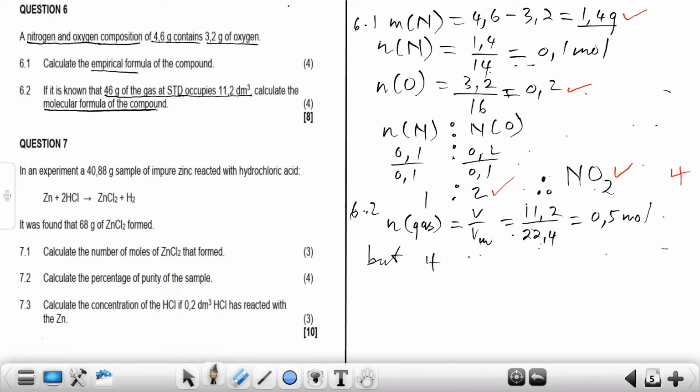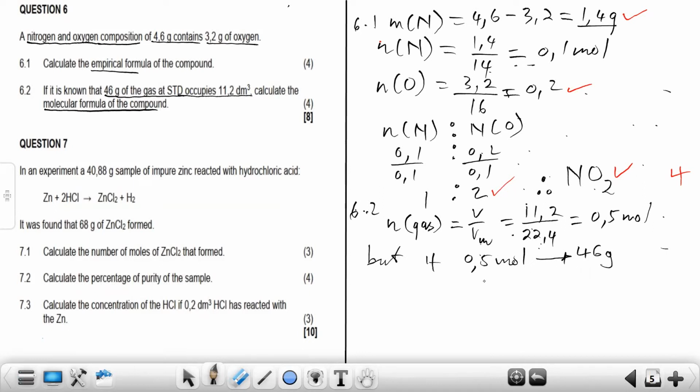But if 0.5 mole produces 46 grams of a gas, what will 1 mole produce? Because remember at STP, we say it is going to be 1 mole of a gas.